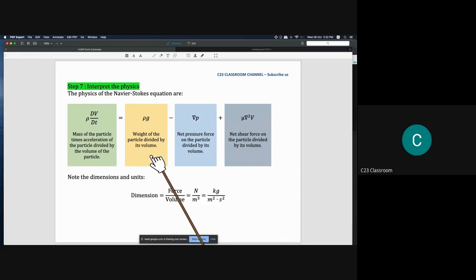And rho g is the weight of the particle itself. Then nabla P is the net pressure force, and mu nabla square V is the net of the shear force. The dimension of this Navier-Stokes equation is kilogram over meter square times second square, because it is actually force divided by volume.